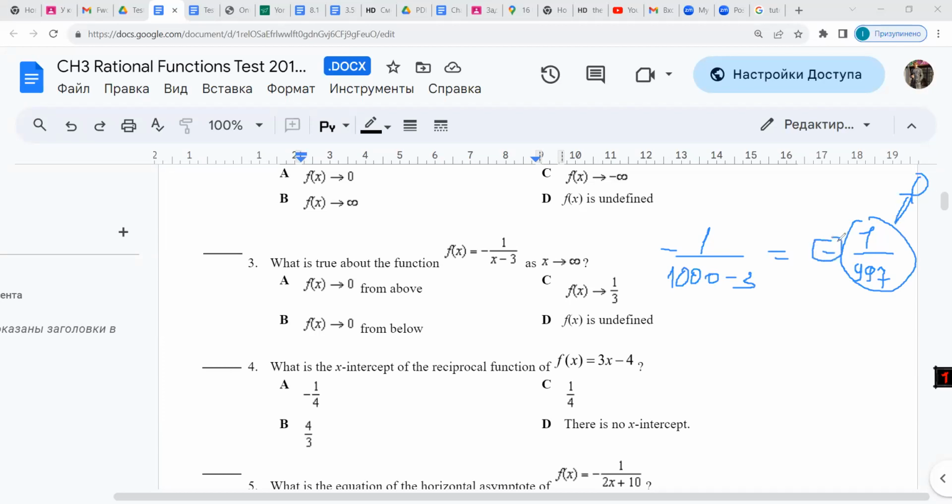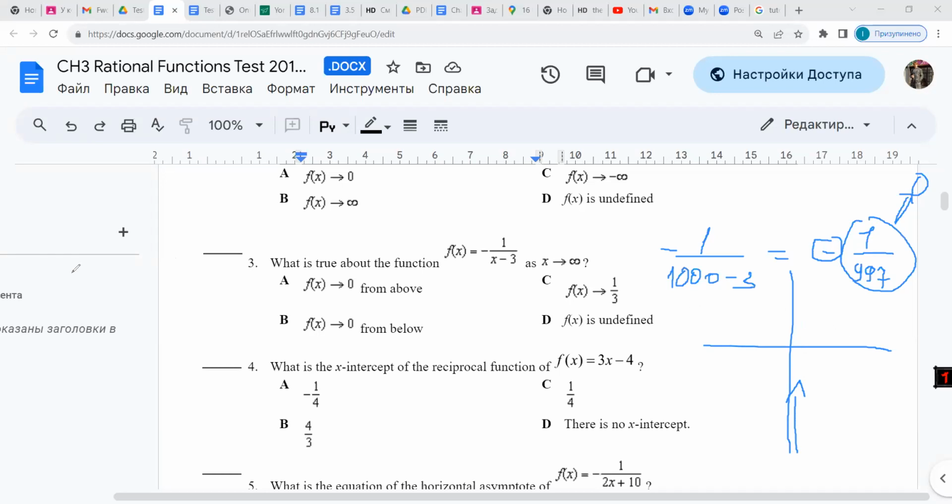But with the minus, the result is going to be close to 0 from the negative side, or in other words, from below, right? This is our x-axis, this is our y-axis, and here is 0, where we approach 0 from the negative side on the y-axis, and this is where we approach 0 from the positive side on the y-axis.